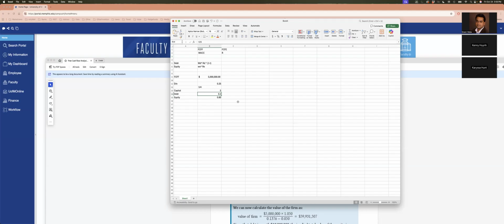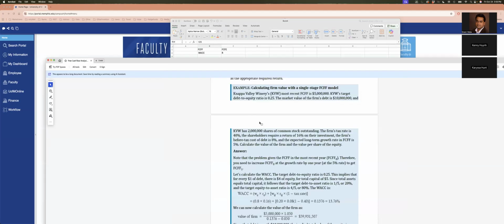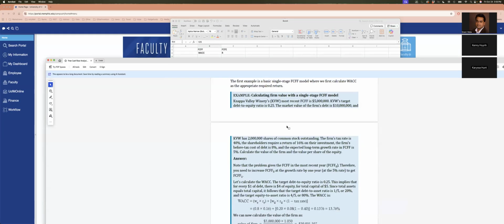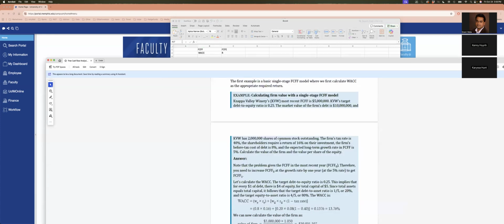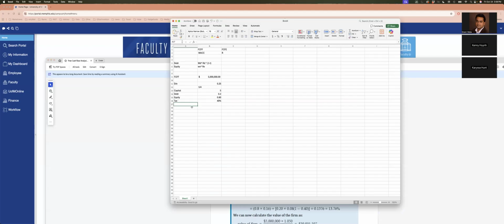So what we need to do is, let's read the question further. The firm has a tax rate of 40%, so tax equals 40%. Now, have they given anything else? Required rate RE is 16%.